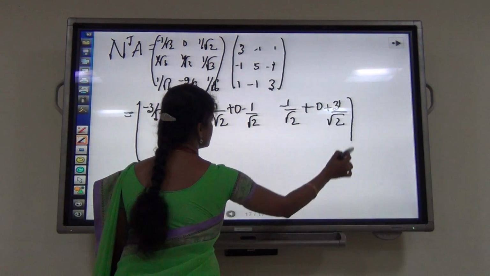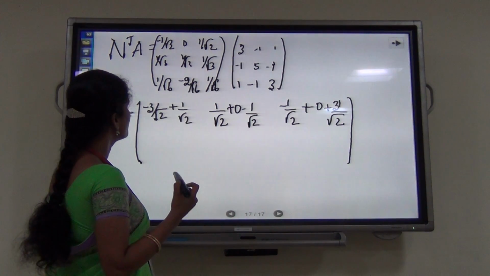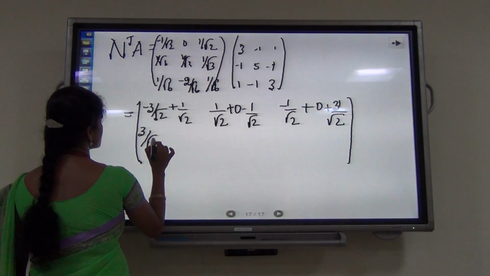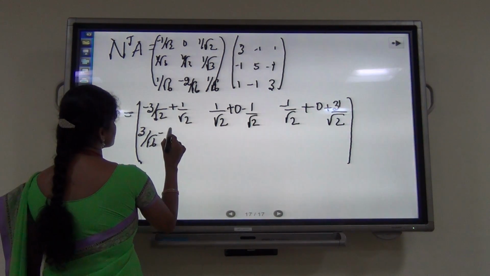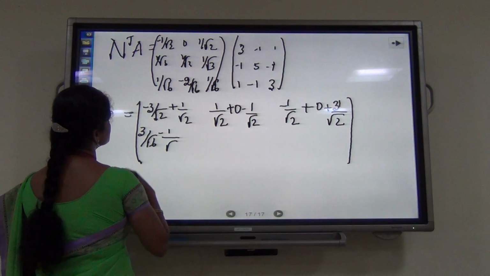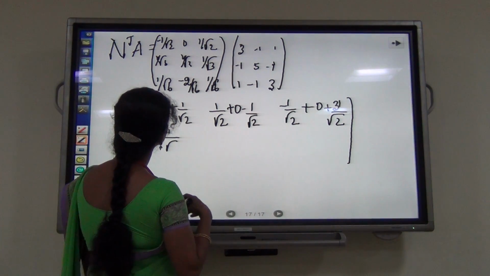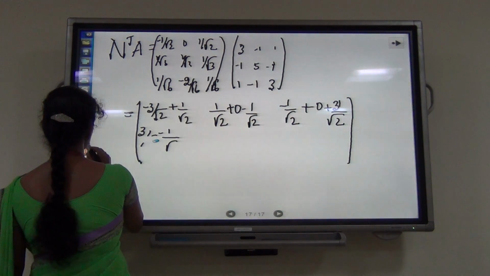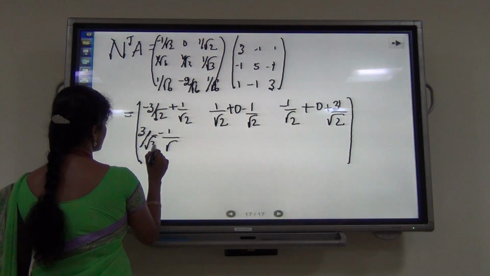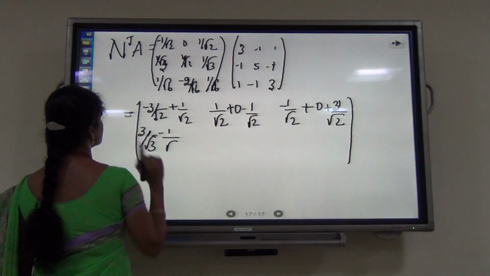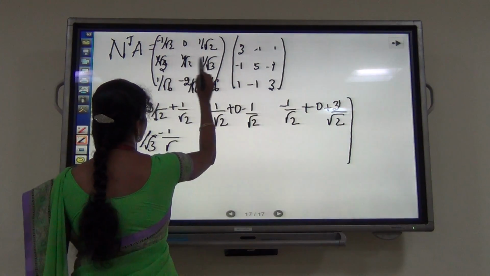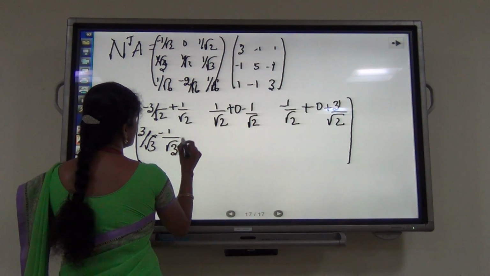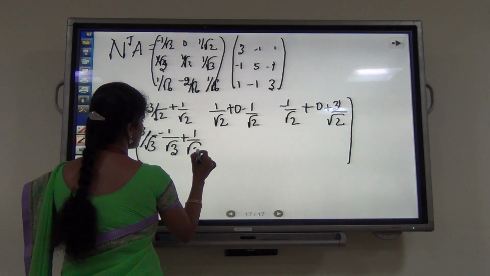The second row with the first column, you get 3 by root 3 minus 1 by root 3 plus 1 by root 3.